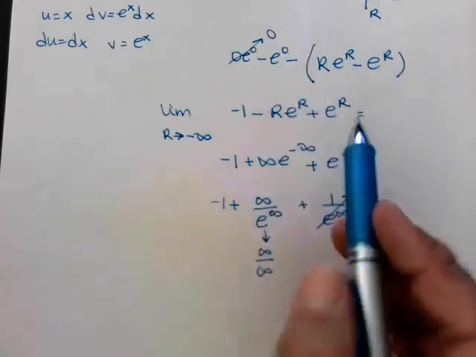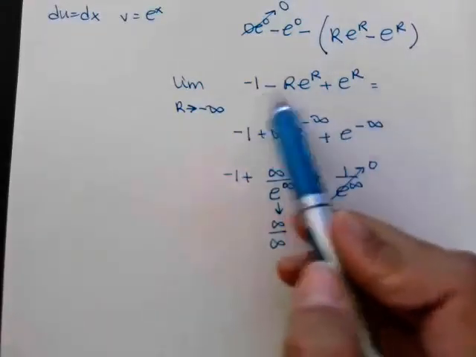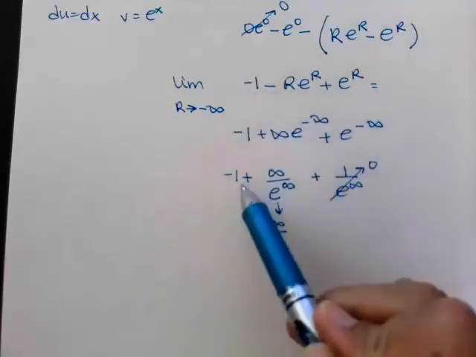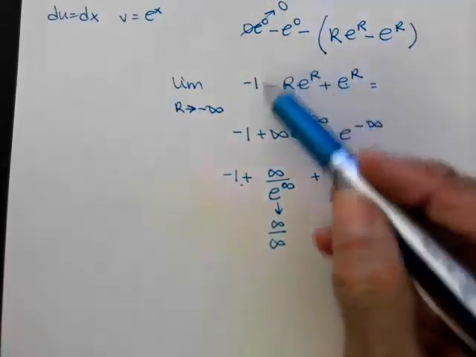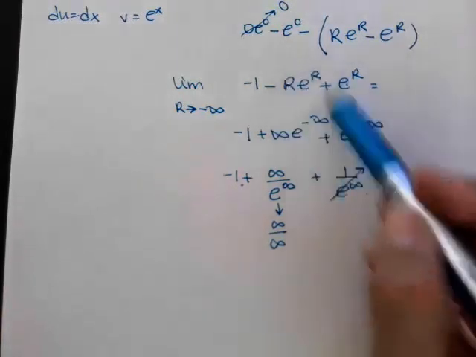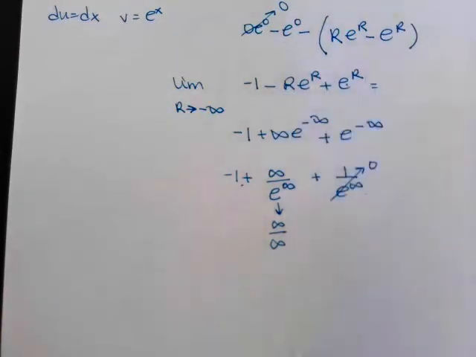So now I'm kind of piecing my limits together, going term by term. So the limit of the constant didn't change. The limit of that last term is 0. So now I'm just focusing on this term right here, this minus r e to the r.